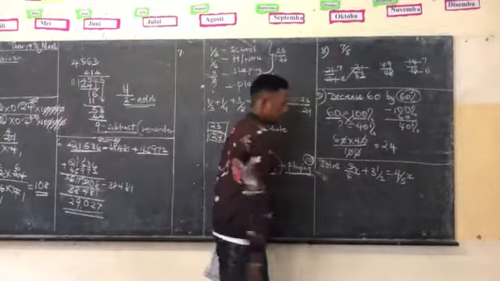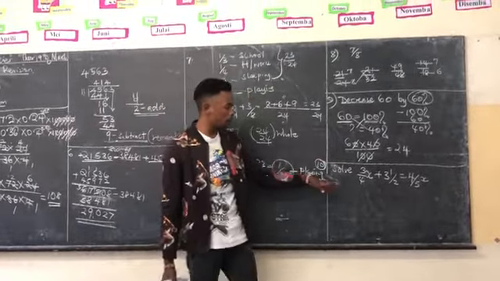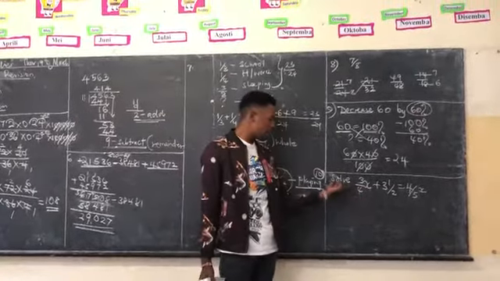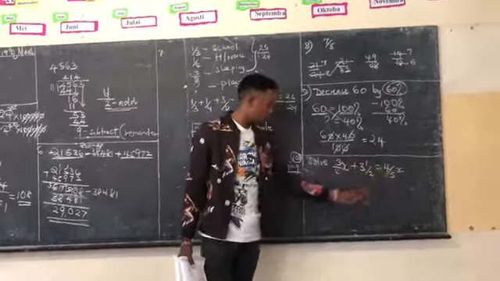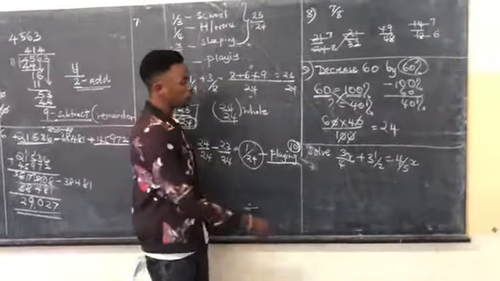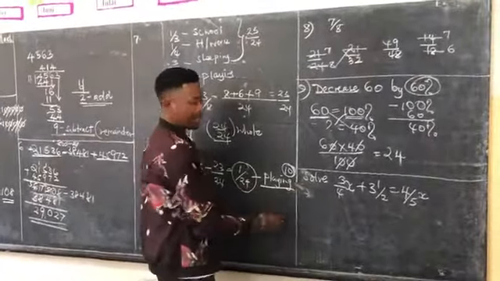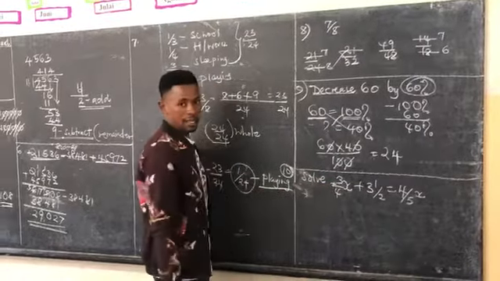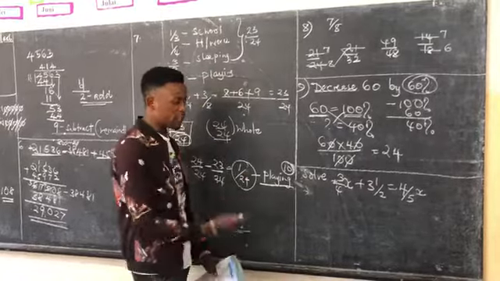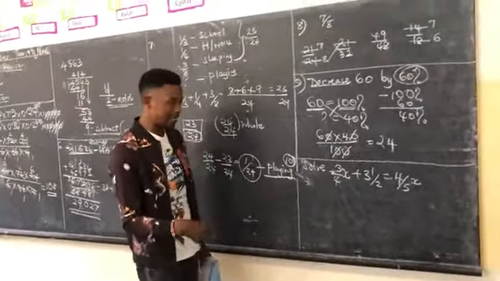This is algebra, and when you talk of algebra, it involves putting the like terms together. Here you're solving, that means you're finding the value of x. So the first thing is to put the x's together. This is 3/4 x, which is positive. I said any number or fraction must have a sign, a positive or a negative sign.